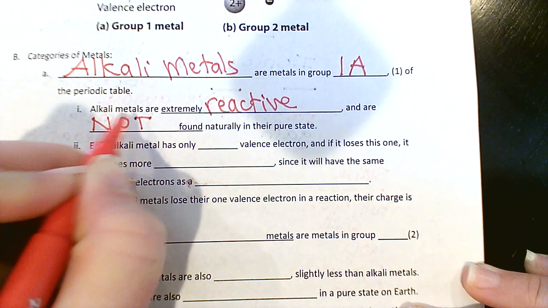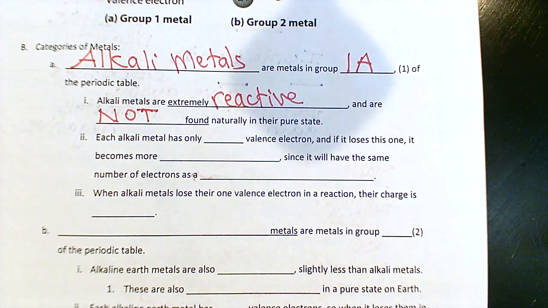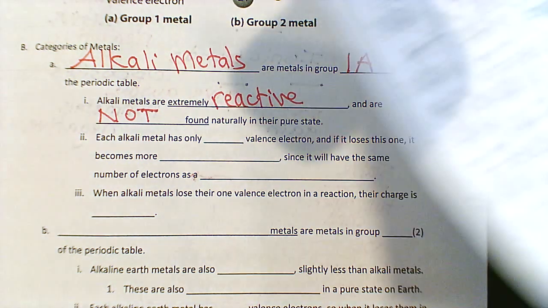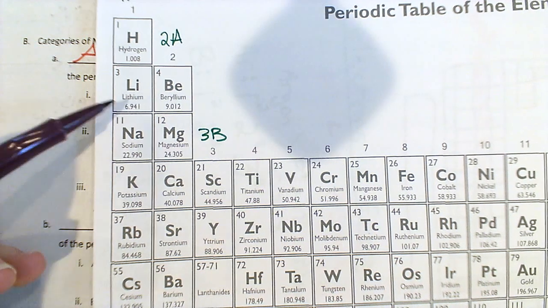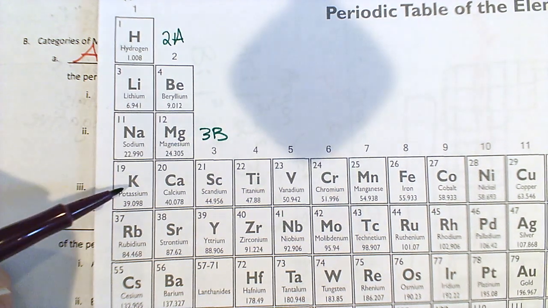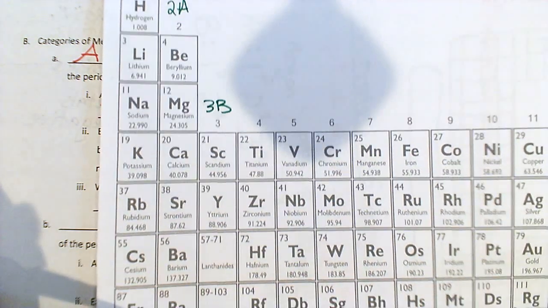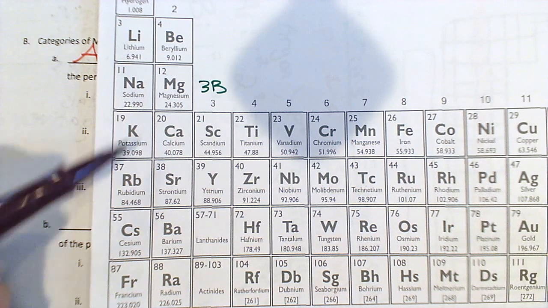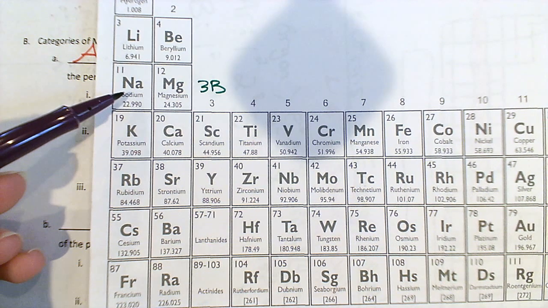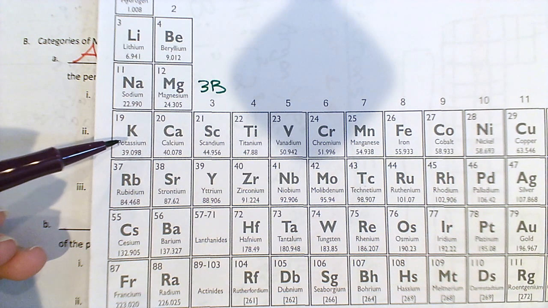There's nowhere on Earth you could go to find any of these metals in their pure form. Let's look at some examples. Group 1 are these metals here: lithium, sodium, potassium, rubidium, cesium, francium. There's nowhere I could go and find a deposit of pure sodium underground or pure potassium.